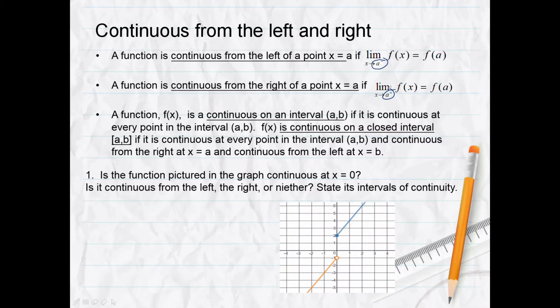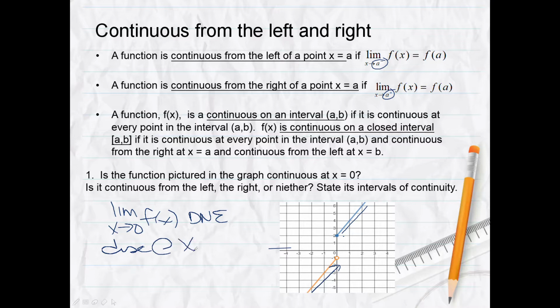So if we look at this graph, we notice that the limit as x goes to 0 of this function does not exist. So we are discontinuous at x equals 0. However, look at this here. This has a dot, whereas this one has a hole.